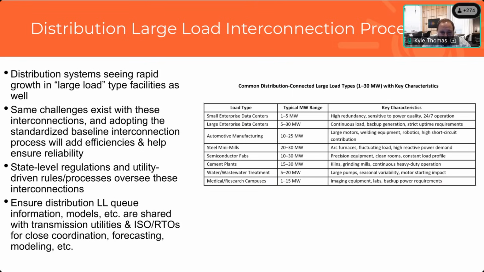That can help make the distribution interconnections more efficient and better supported, and also highlight that as the distribution system continues to interconnect especially more complex facilities, like the new data centers at the distribution level, that probably also warrants closer discussions and information and data sharing with transmission utilities and ISO RTOs than we maybe had to do in the past.